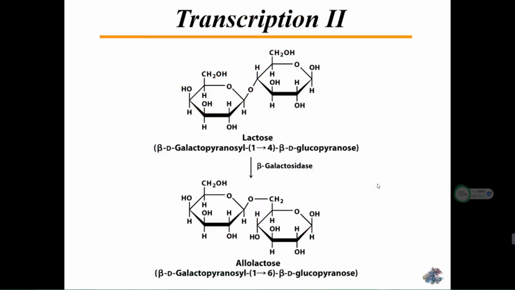Okay, so we talked about the ligand binding the repressor and then causing its dissociation from the DNA and allowing for the RNA polymerase to carry out transcription of the lac operon.